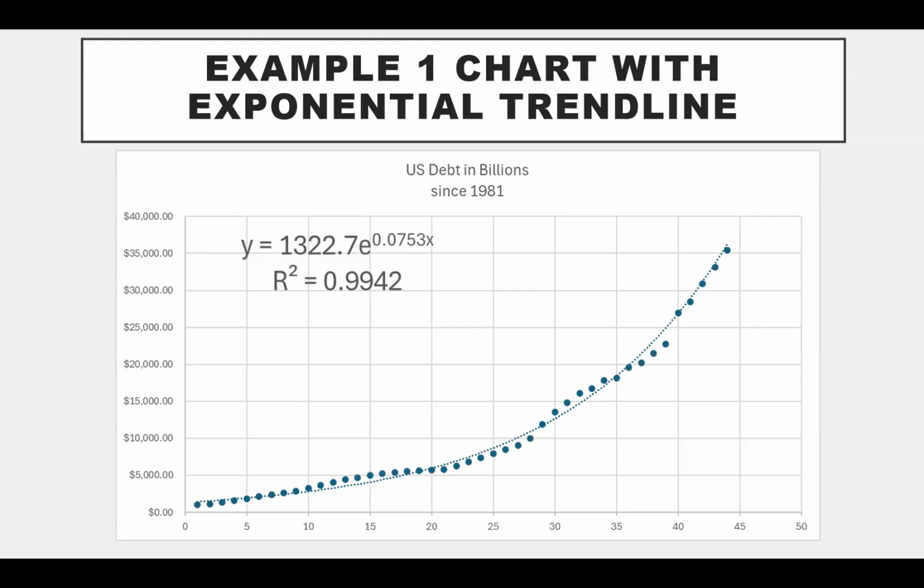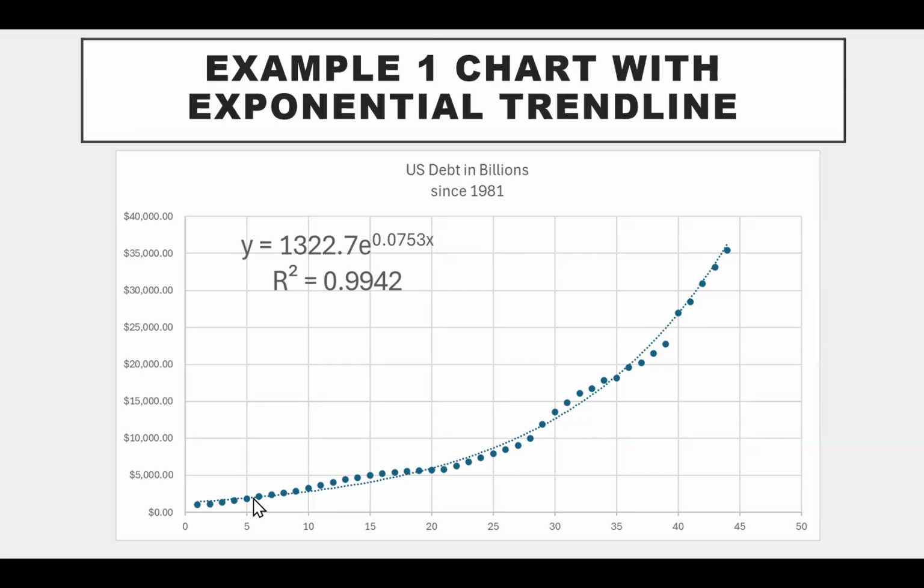Now, if we use technology, in this case Excel, to give an exponential trend line, you can see we've graphed that exponential curve of best fit right here. And it fits the data pretty well. Some points are a little bit under that line, some points are a little bit above that line, but in general, it fits the data pretty well.